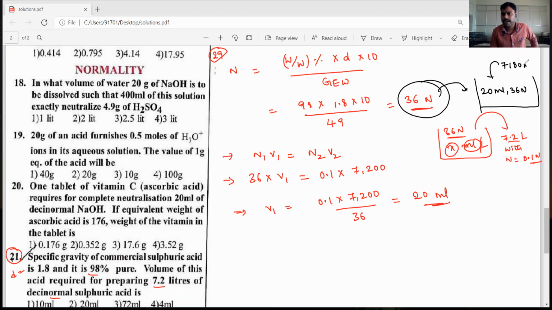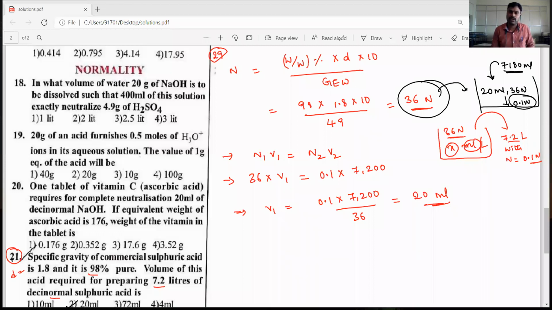By the addition of 7180 ml, its concentration is diluted into 0.1 normal. So the answer is how much concentrated H2SO4 we need to take: 20 ml is enough.